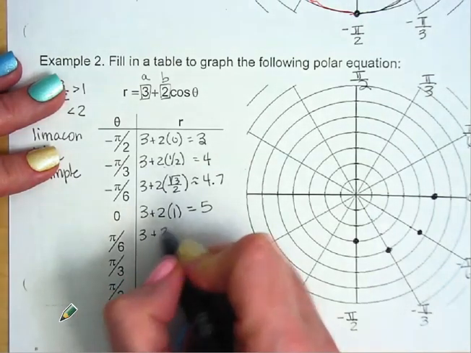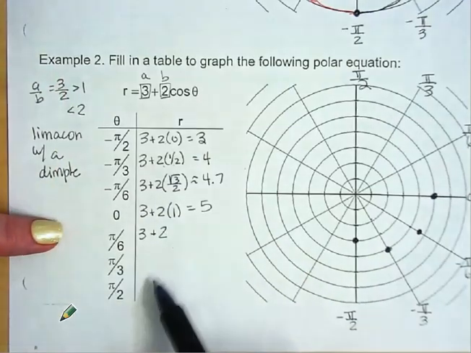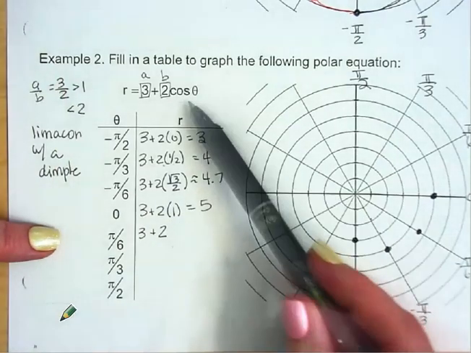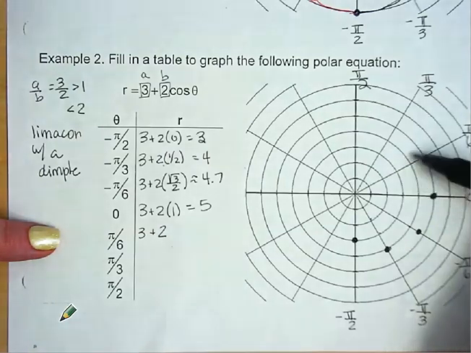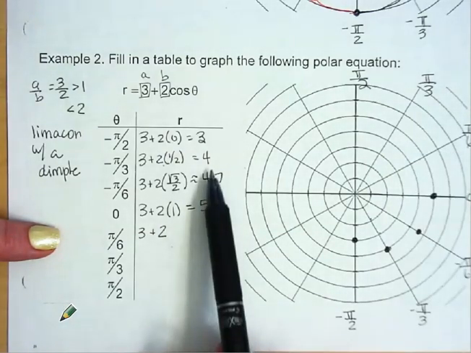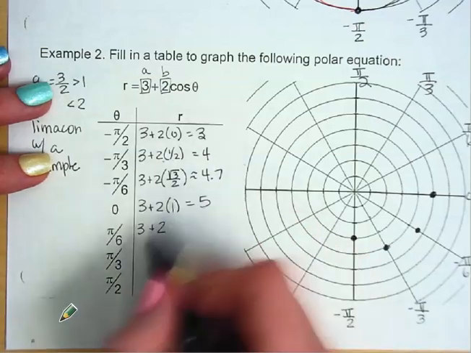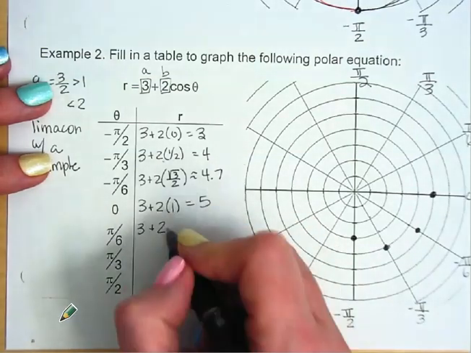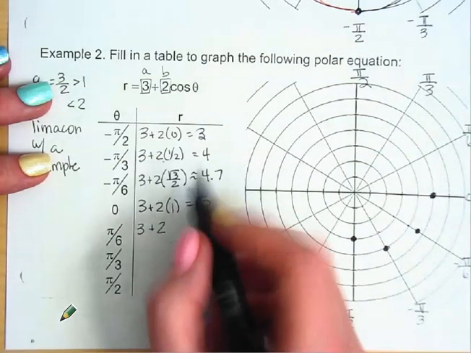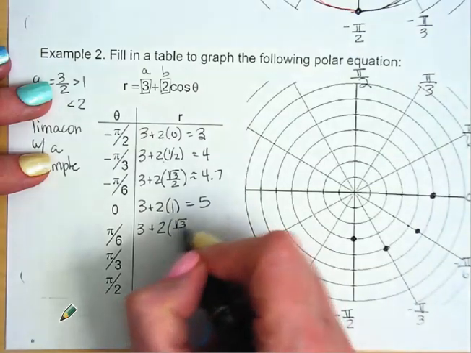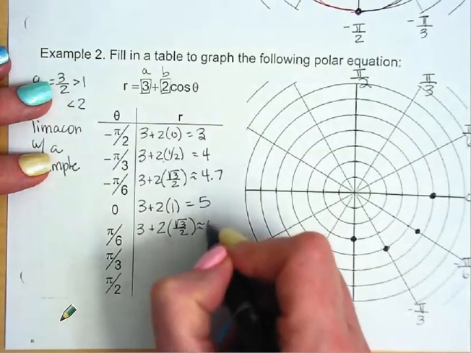Now, the good news is for this next section of points, because these are all x values and x's in the first and fourth quadrant are the same sign, we can just repeat these values as we move through the remainder of the thetas. So pi over 6 is the same as at negative pi over 6, approximately 4.7.